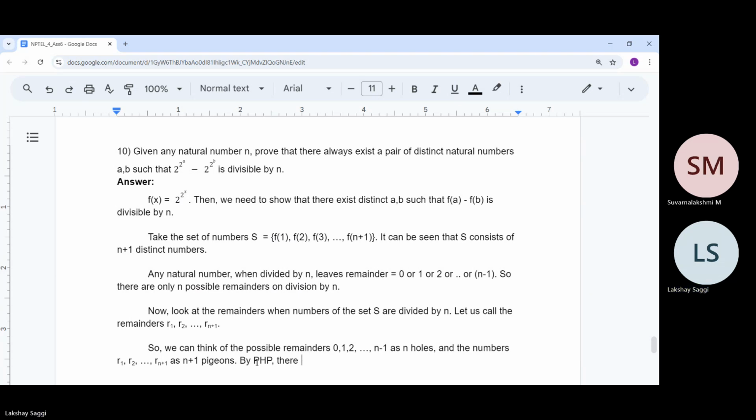there exist two remainders, let's say RA and RB, which will be equal.